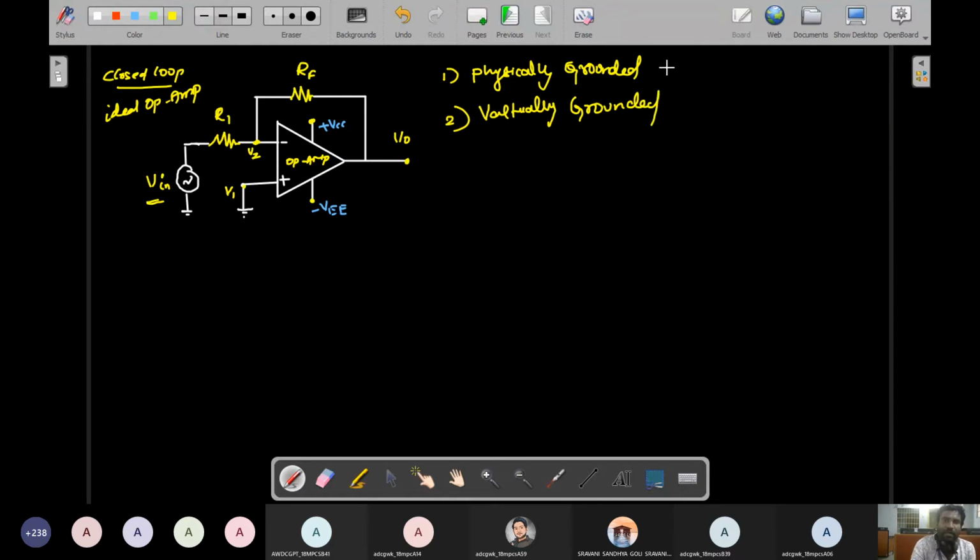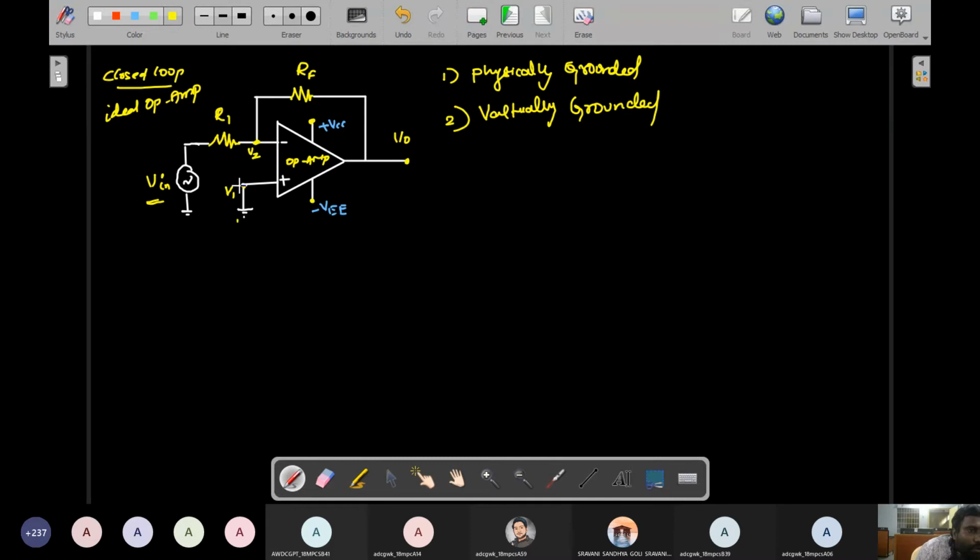Physical ground is a direct connection with the ground. The non-inverting terminal is directly grounded through a connecting wire. This is called physical grounding, and it is always visible. But virtual grounding is not actually visible, because virtual means not visible.